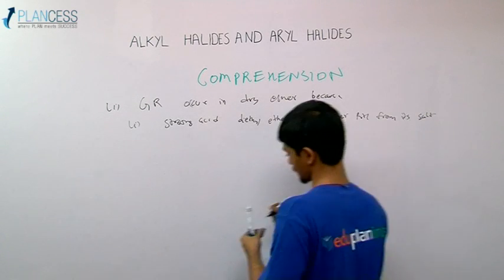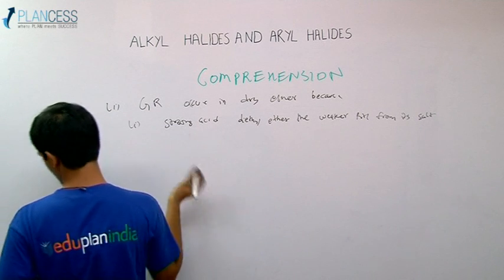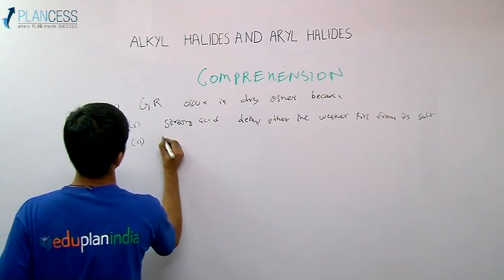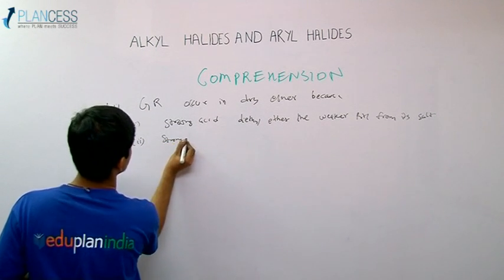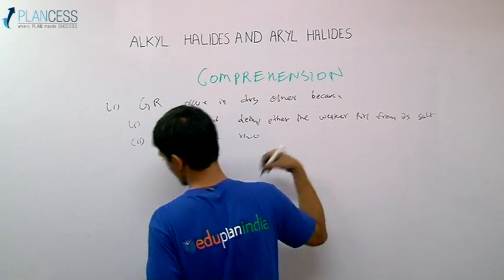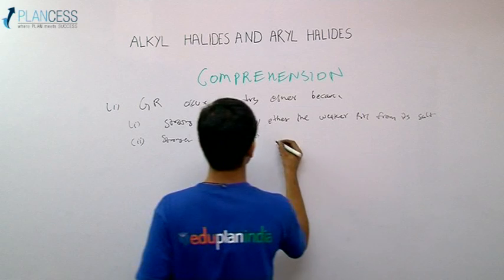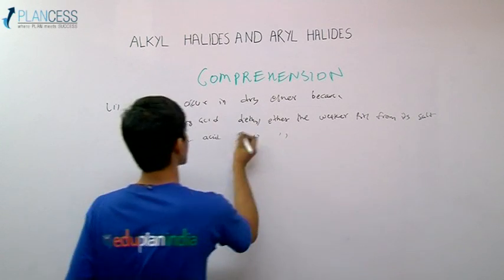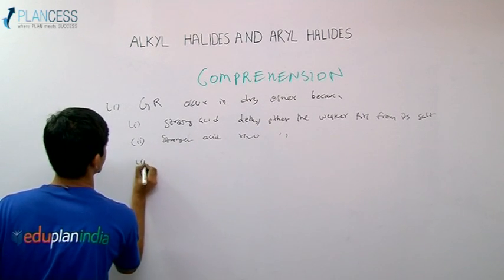This is the first option. The next option says the stronger acid H2O will displace the weaker acid RH from its salt. So instead of diethyl ether, we just have H2O.